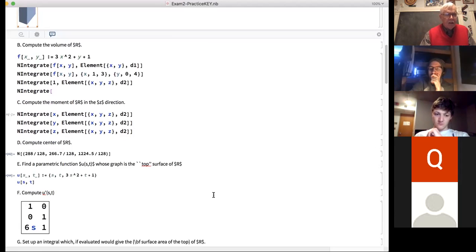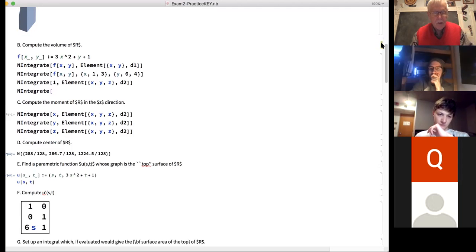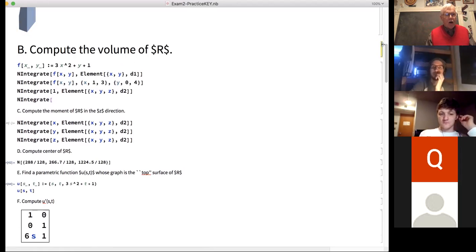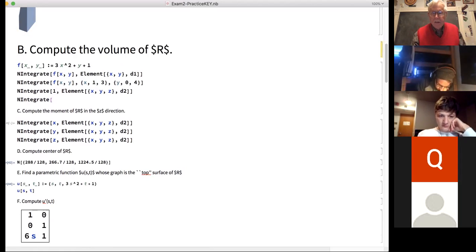And the second thing is to compute the volume. So that's the second thing we want to do here. Compute the volume of R. And there are lots of ways to do this. And here are some ways that I picked out.